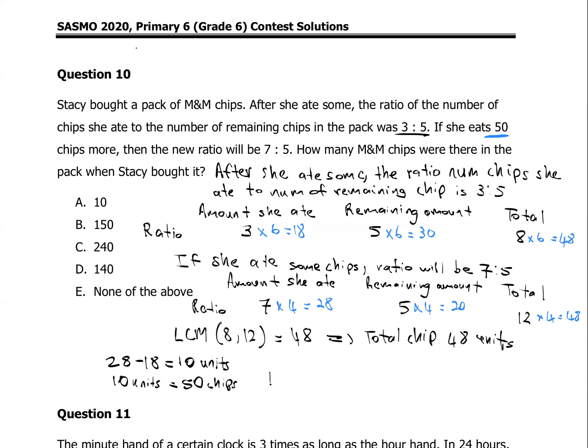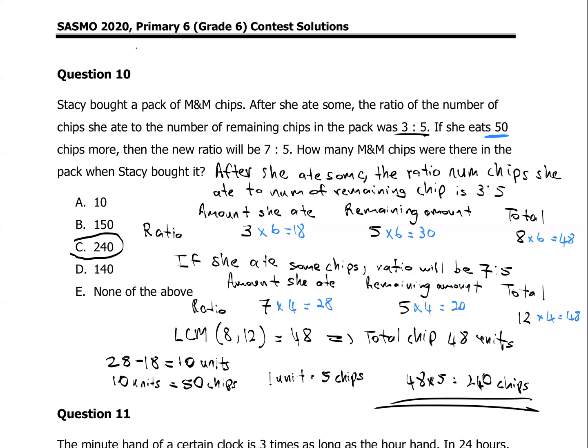Which means 1 unit is 5 chips, and the total amount of chip is 48 units. So just 48 times 5, 240 chips in total. So our answer is C, 240. Are there any questions?